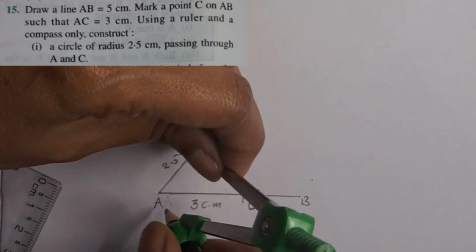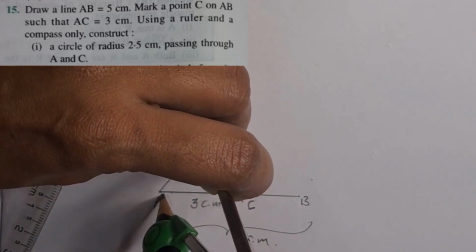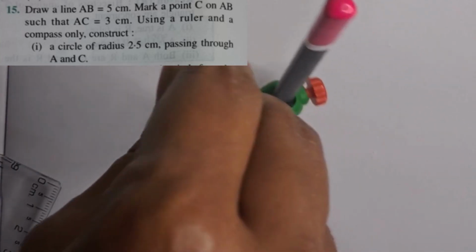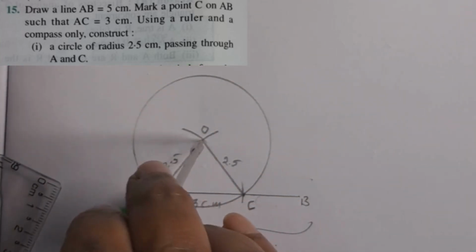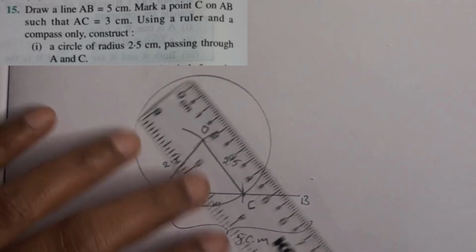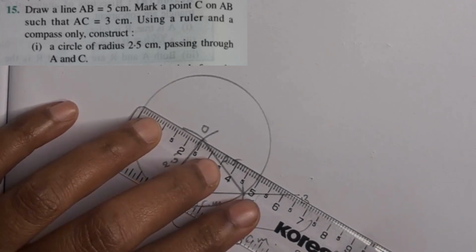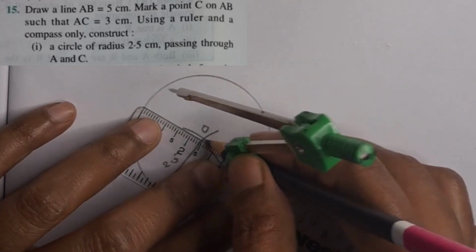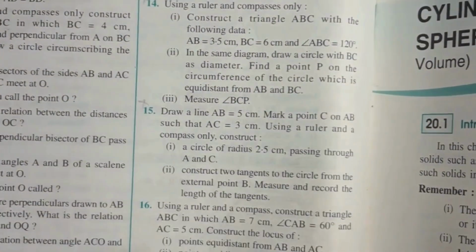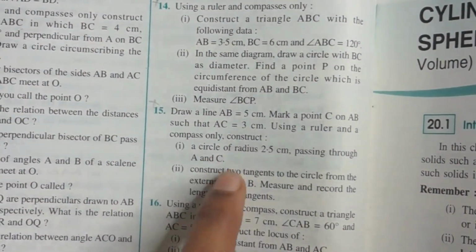Next, from O to A, 2.5 centimeters, we draw one circle. This is the circle. We should join OB. See, the circle of radius 2.5 centimeters passing through A and C.